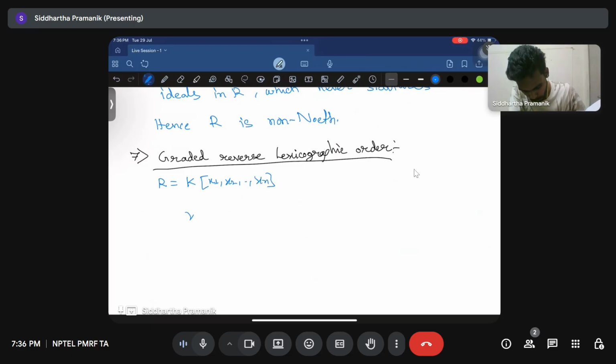Now take two monomials, x1^a1 ... xn^an, and another one, x1^b1 ... xn^bn.